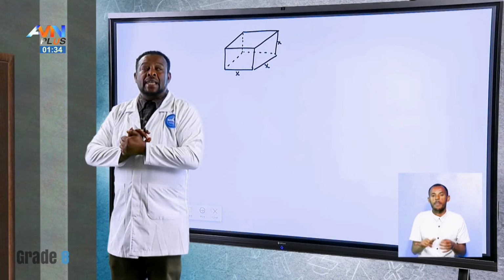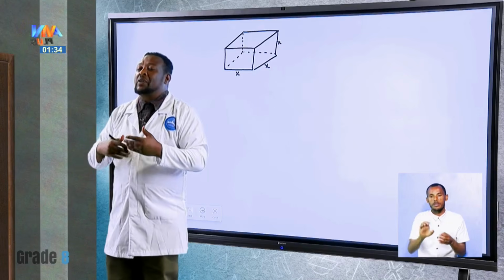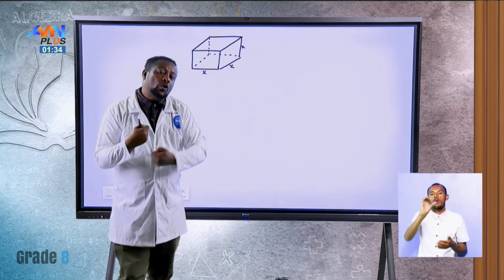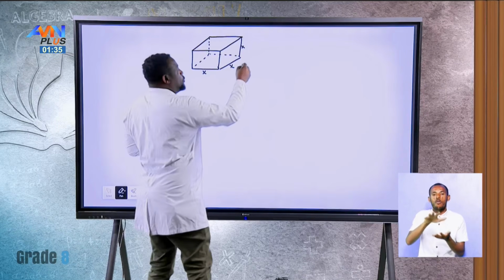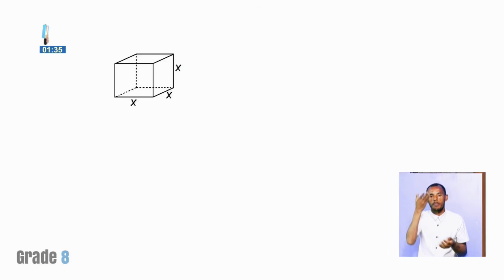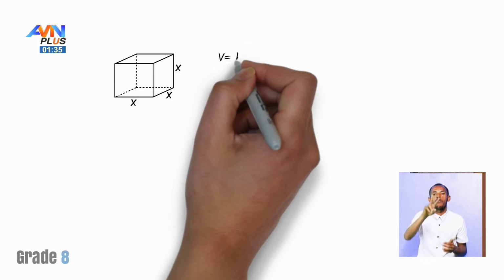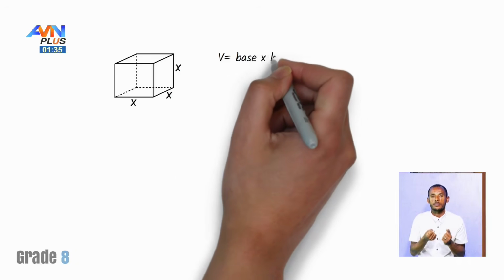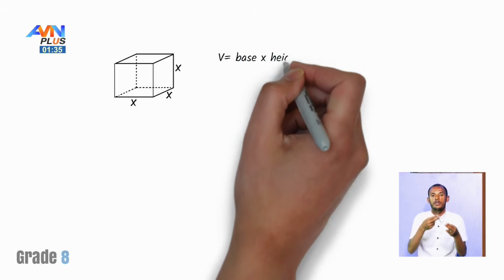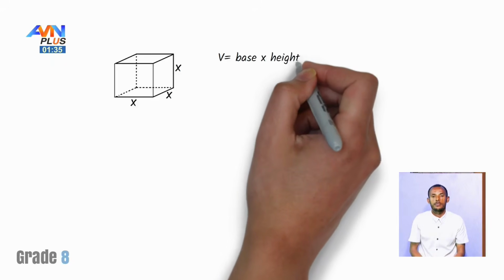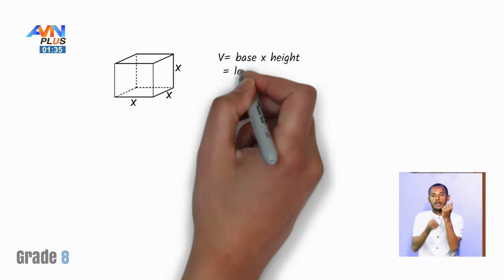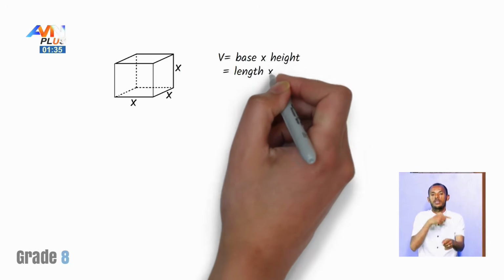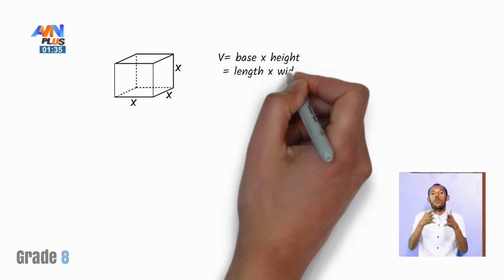So, there is a relationship between the side of a cube and the volume of a cube. As you all know from your previous grade level, volume is the base times height. The base contains the length and width, so there is length times width in the base.